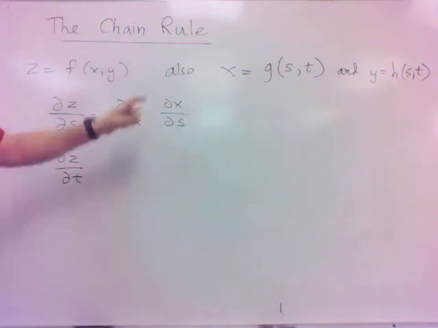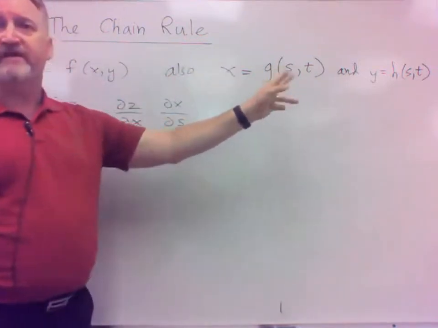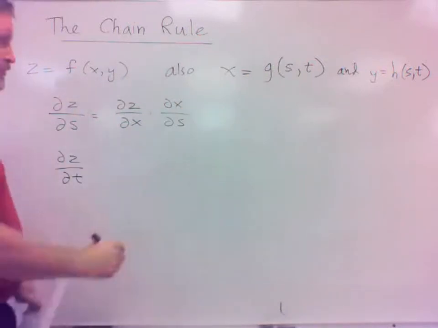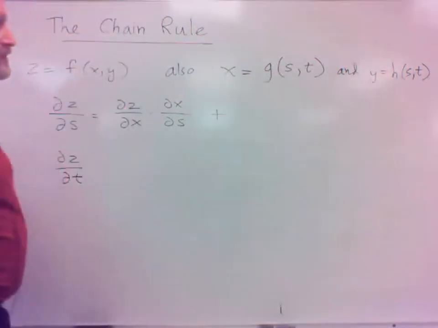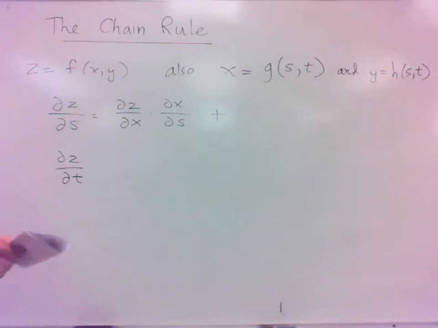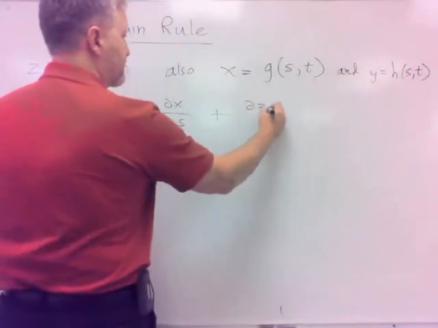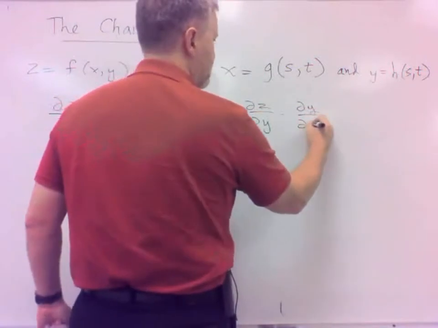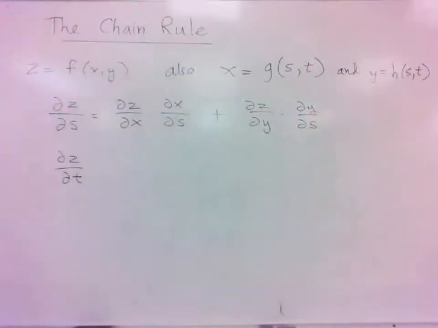Now I am doing a partial derivative here, because x has both s and t variables in it. What would I add to that? Do the same thing with the y: the partial of z with respect to y times the partial of y with respect to s. And that would give me the partial of z with respect to s.